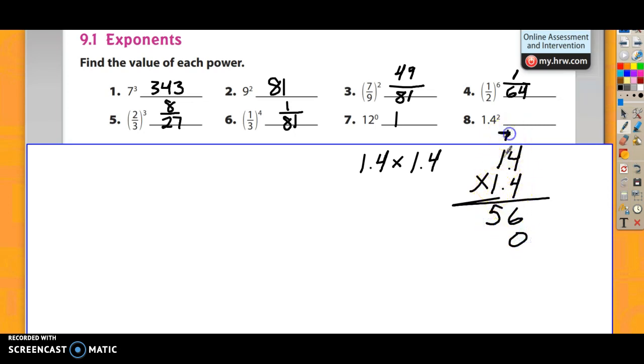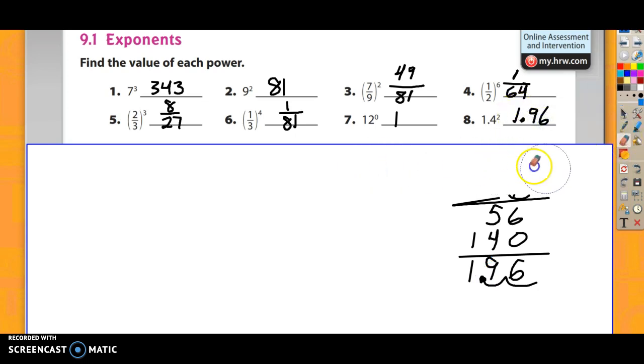And x is 0. 1 times 4 is 4. 1 times 1 is 1. 196. If you look at a multiplication chart, you'll see that 14 times 14 is 196. And then I count over 2 spaces. The answer is 1 and 96/100. Alright, let's move on.